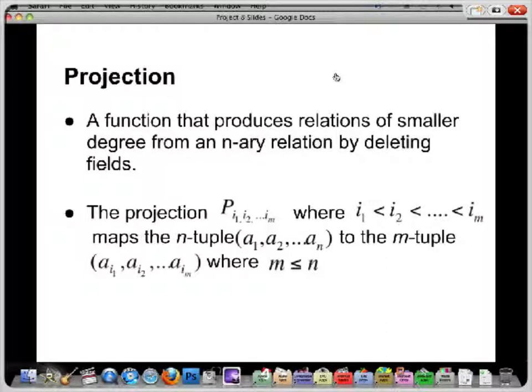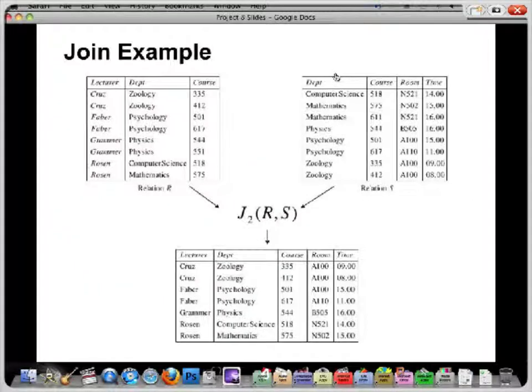The final operation we're going to talk about today is the projection operation. This function produces a relation of smaller degree from a relation that's larger. So say you have a relation that has a lot of fields in a database. For example, say you have lecturer, department, room, and time.